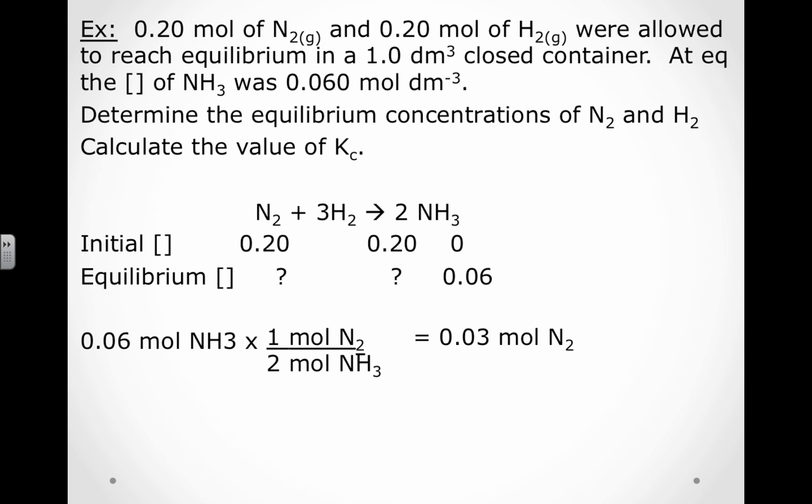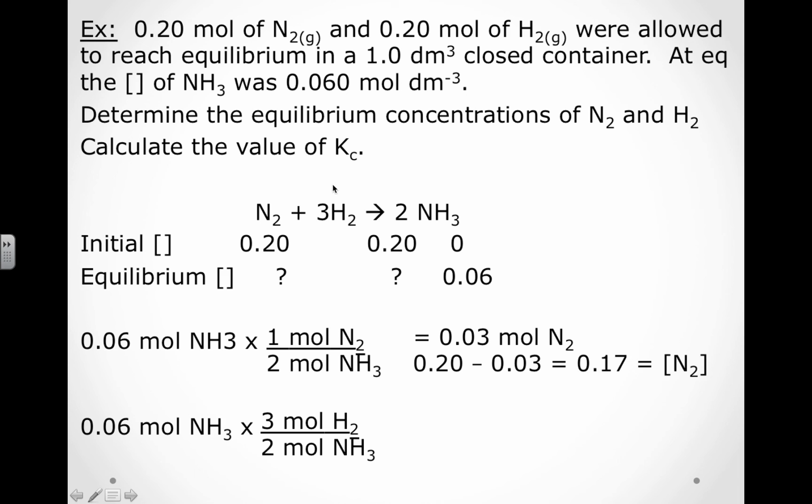That means that 0.03 moles of nitrogen must have reacted, which means 0.2 minus 0.03, 0.17, is our equilibrium concentration for nitrogen. We're going to do the same process for hydrogen. Our mole ratio is going to change a little bit. It'll be 3 over 2. We get 0.09, and we subtract that from our initial 0.2, so 0.11 is our concentration of hydrogen.